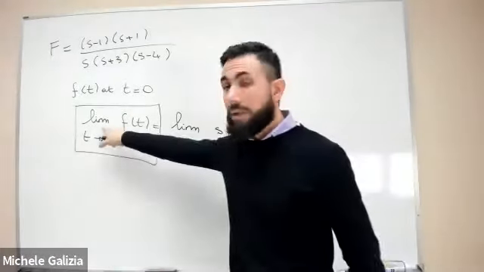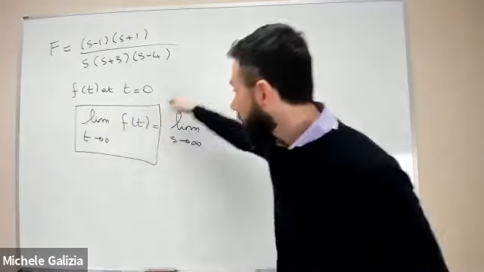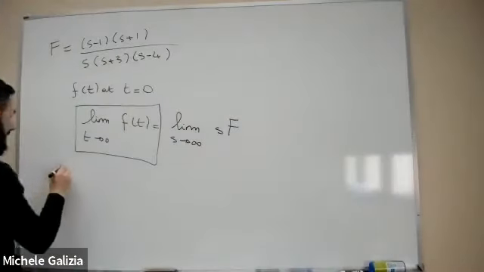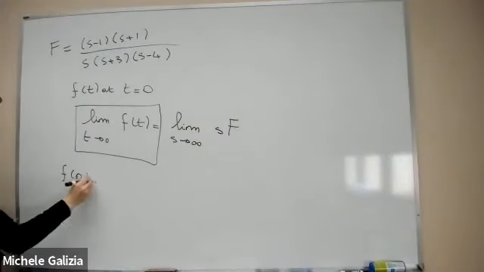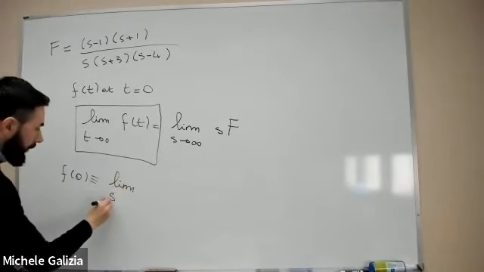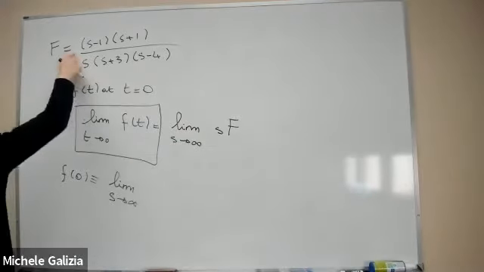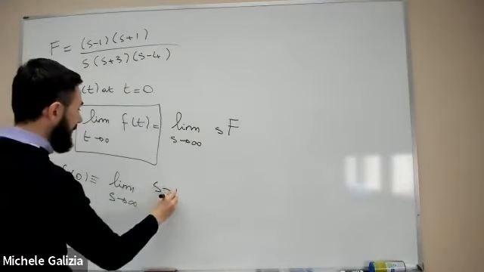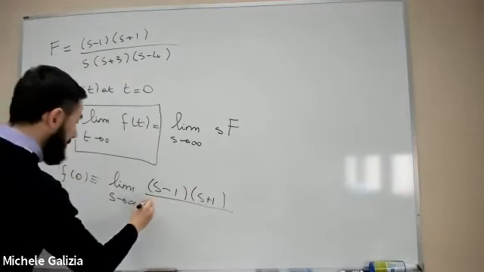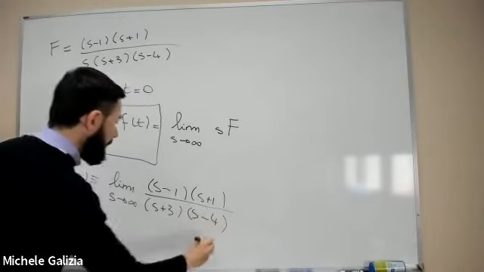And so you can do this calculation simply by working on the corresponding Laplace transform that you already have. So basically, f calculated at time 0 will be the limit for s going to infinity of s times this function. So s minus 1, s plus 1, divided by s, s plus 3, s minus 4.